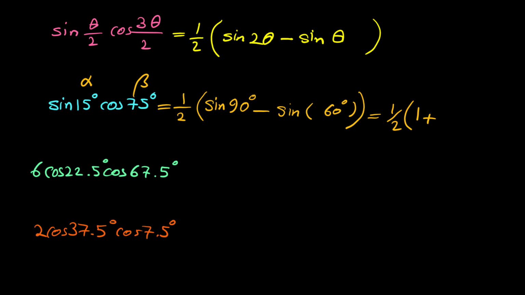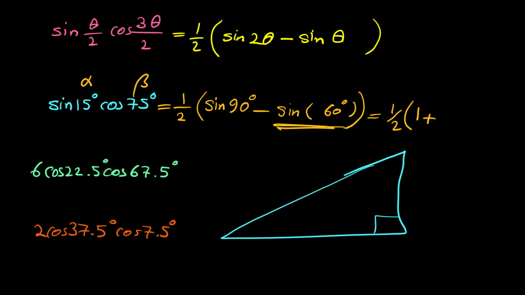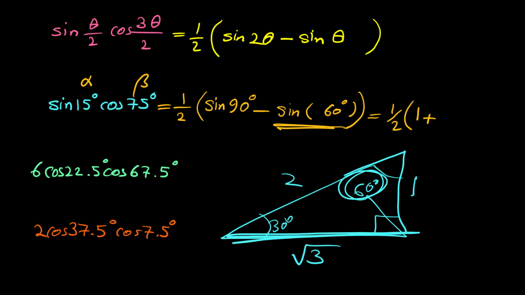But what is sine of 60 degrees? What is the value of sine of 60? If you remember from a special triangle, let me draw a special triangle here. Let's suppose here is 30 degrees, here is 60 degrees, 1, root 3, 2. Sine of 60 is opposite over hypotenuse, radical 3 over 2.